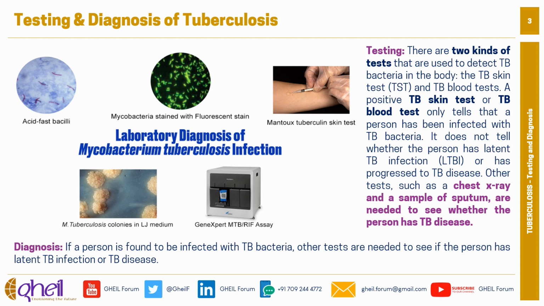It does not tell whether the person has latent TB infection, LTBI, or has progressed to TB disease. Other tests, such as a chest X-ray and a sample of sputum, are needed to see whether the person has TB disease. Diagnosis. If a person is found to be infected with TB bacteria, other tests are needed to see if the person has latent TB infection or TB disease.